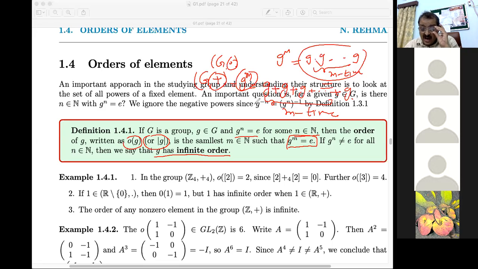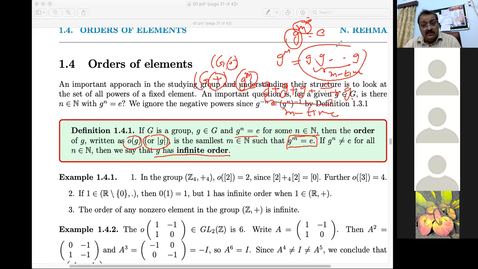So whatever smallest m gives us g to the power m equal to identity, that is the first m where we get identity, we can say that this is the order of this particular element, equal to m.